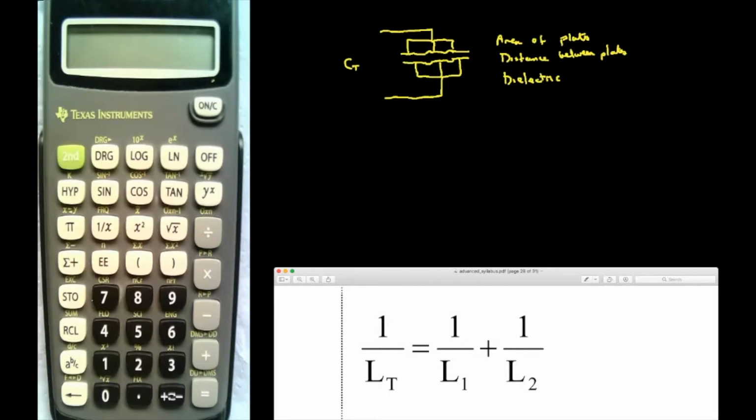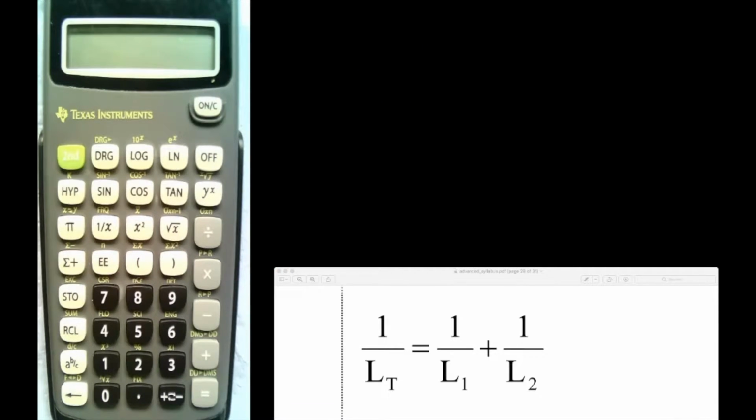You may find henries because some large transformers would have an inductance of perhaps several henries. But from the calculation point of view, there's no difference between this type of calculation and doing the calculation for resistors in parallel. So this is inductors in parallel, and it shouldn't pose too much of a problem.